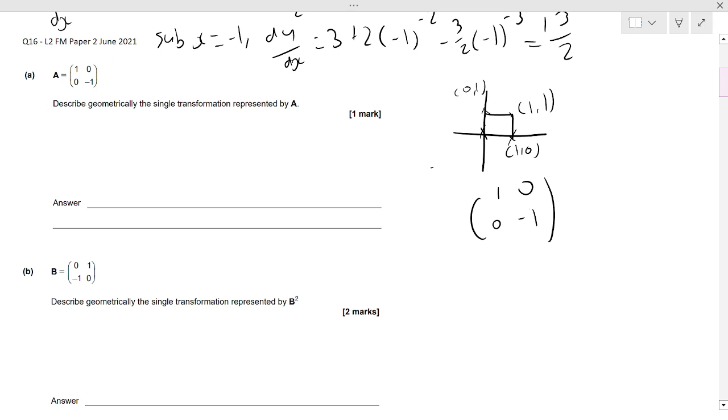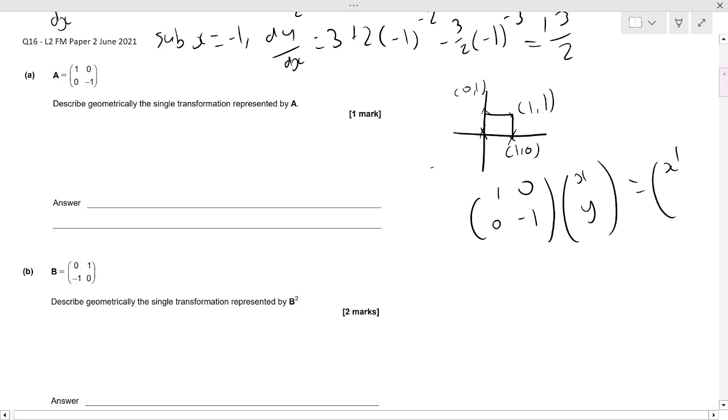Okay, so remember, going back to what I was talking about earlier, in general, the transformation: you have a general point x, y, and you multiply by this matrix, and you get out the transformed points. So let's work this out. This time we're only going to get a 2 by 1, so 2 rows and 1 column.